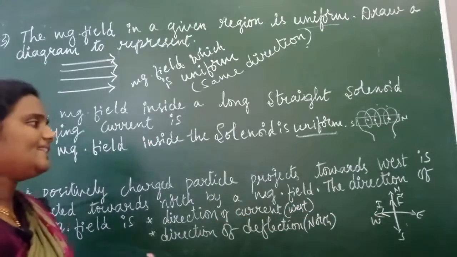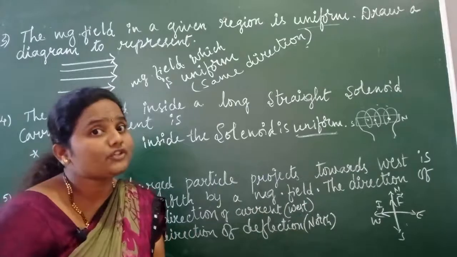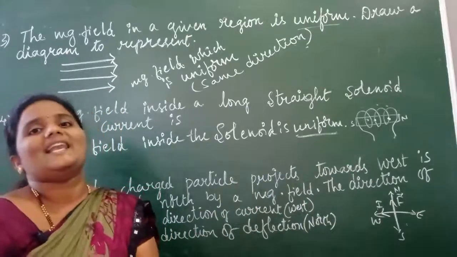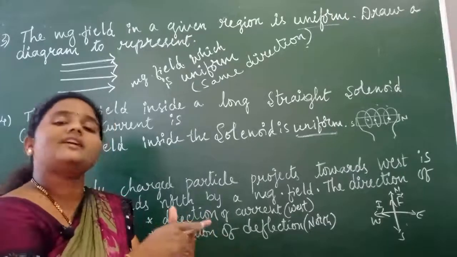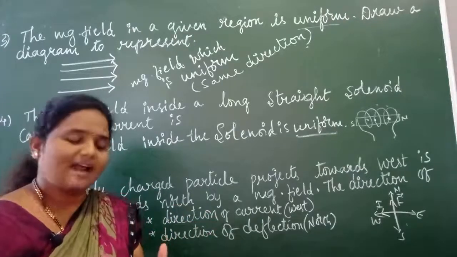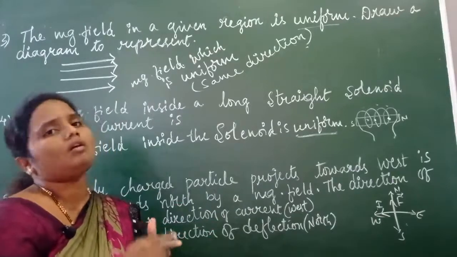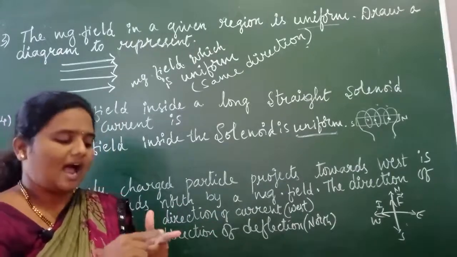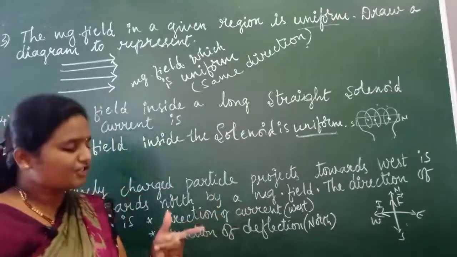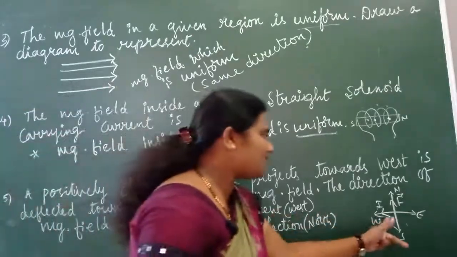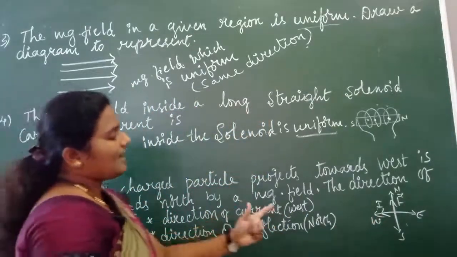So children, at this situation or for such problems, you have to use which rule, children? Fleming's left hand rule. So when we stretch the three fingers of our left hand in such a way that the thumb should be perpendicular to or at right angles to the index finger and also to the direction of the current, in such a way that suppose west, towards the west is the direction of the current.